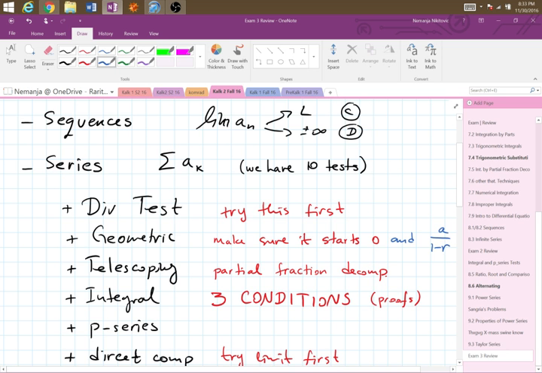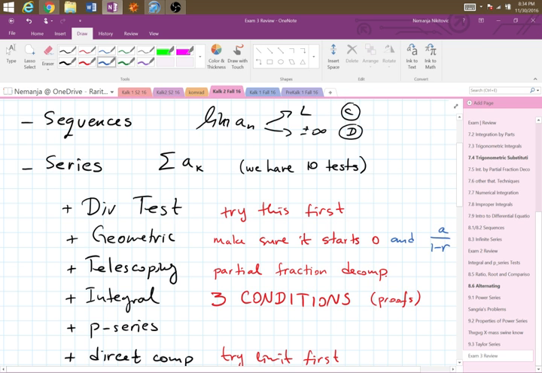Now, if the problem says use the integral test to solve the problem, well, you can still use divergence just to kind of have a sneak peek, right? Because if it diverges, you know which answer you're hunting for with your integral test. That should be common sense. Hopefully. I don't know.